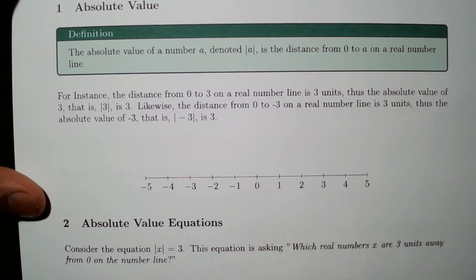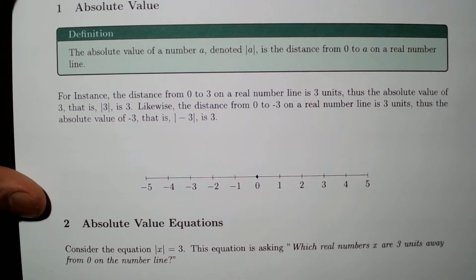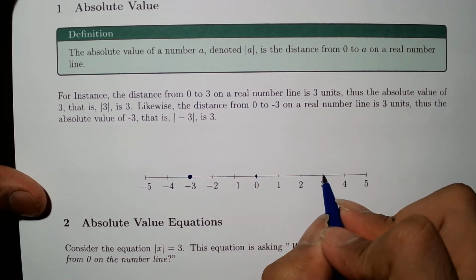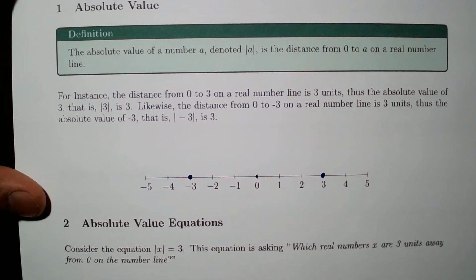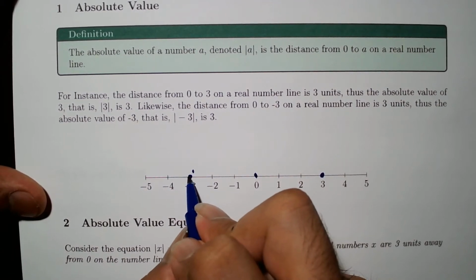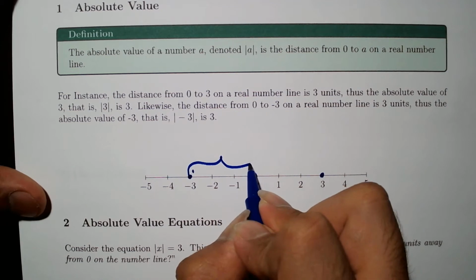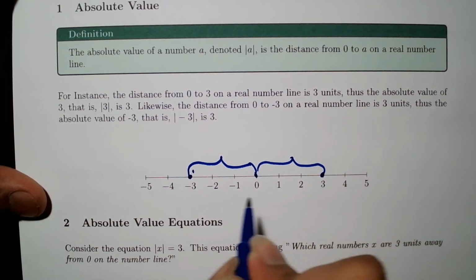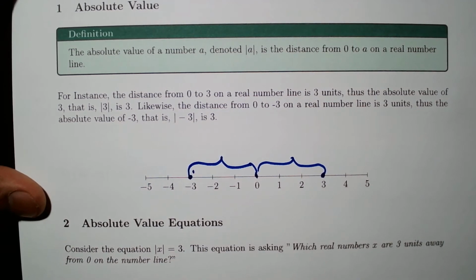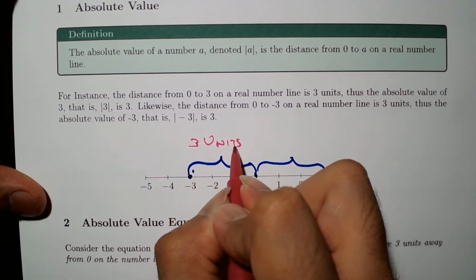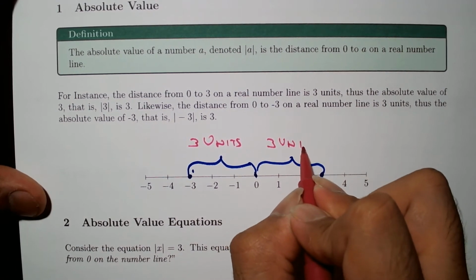Graphically, we start at 0. The absolute value of -3 is here, and the absolute value of +3 is here. What we're really looking at is how many steps we need to take to get from 0 to 3 and from 0 to -3. In this case, that is 3 units.